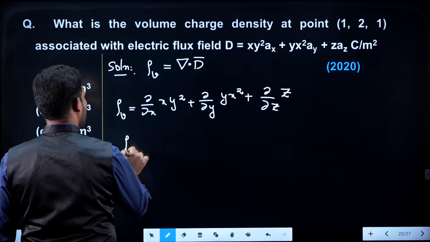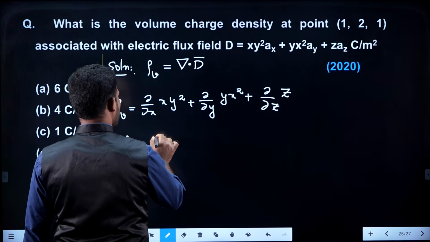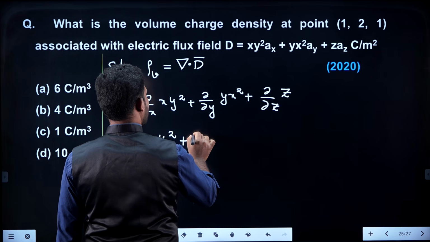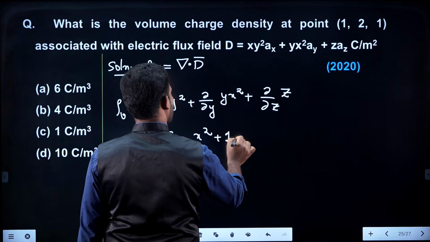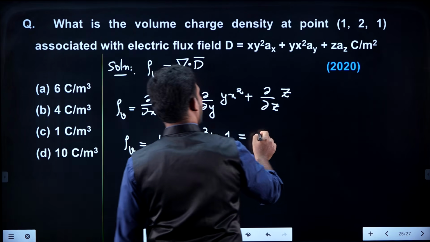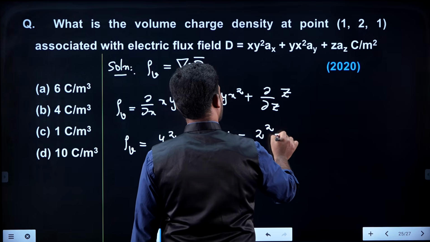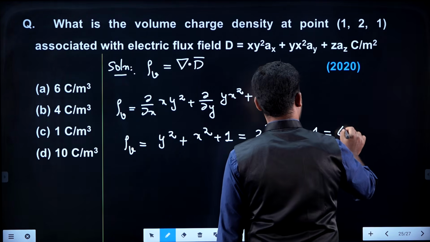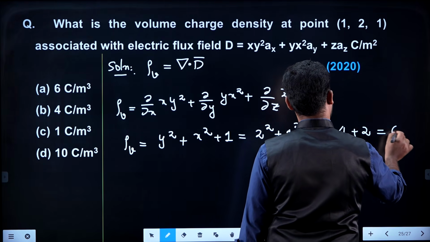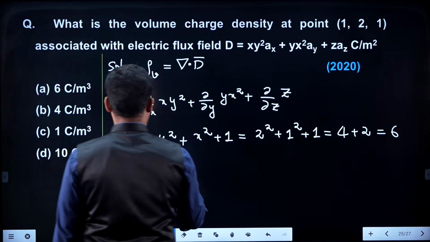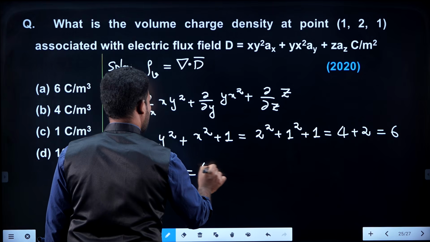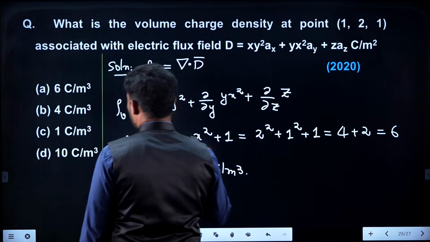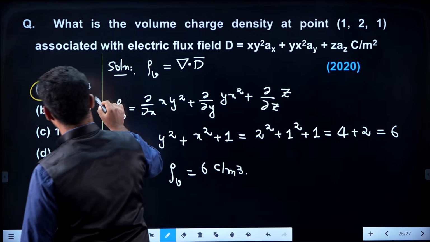So, rho v is equal to y square plus x square plus 1. He is asking at a point, substitute that point: 2 square plus 1 square plus 1, 4 plus 2, which is 6. So, rho v is equal to 6 coulomb per meter cube. Option A is the answer.